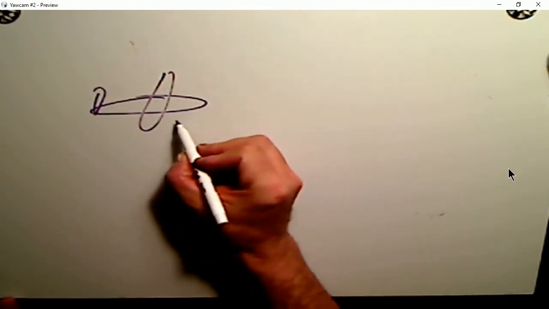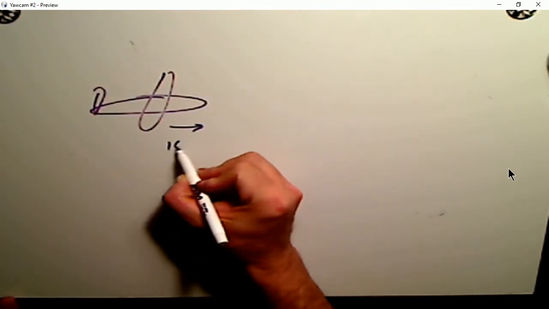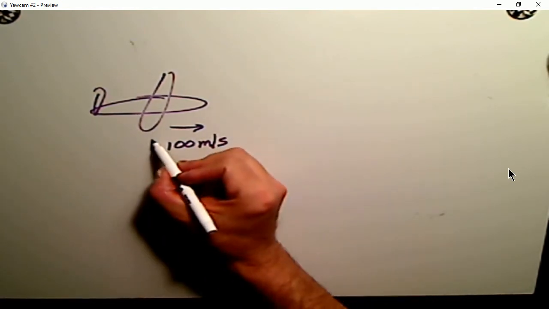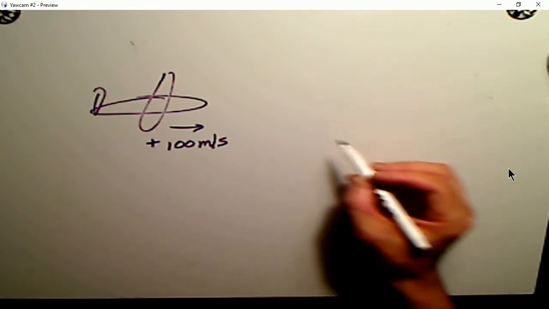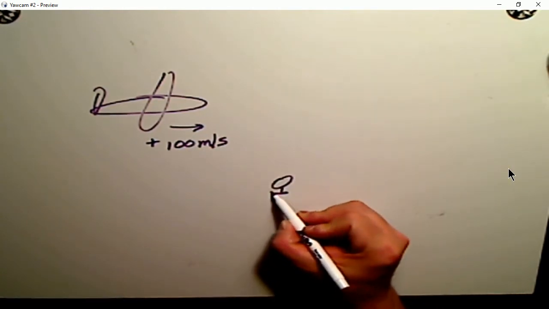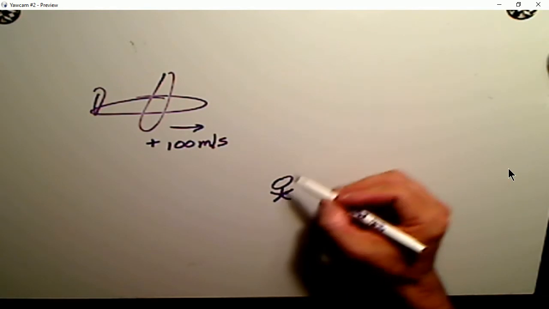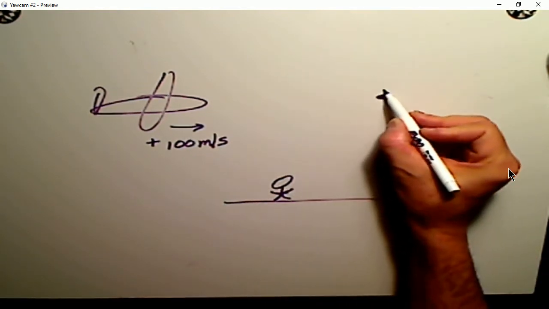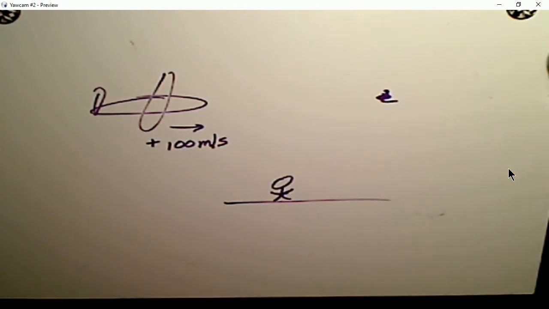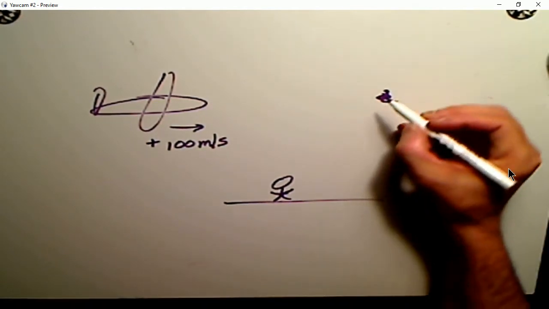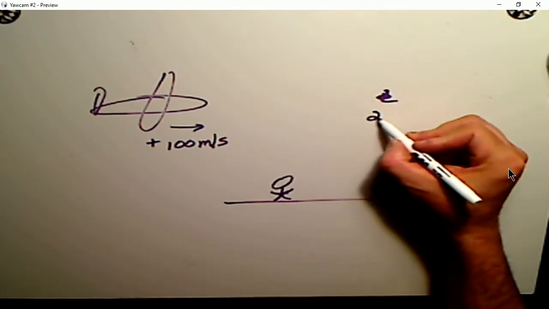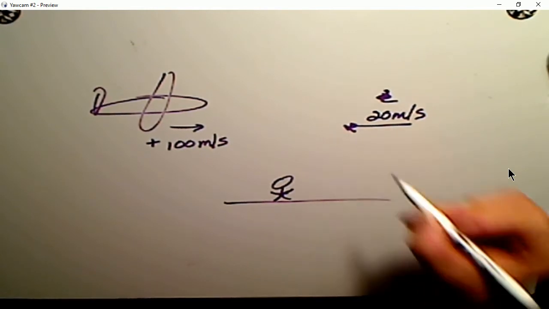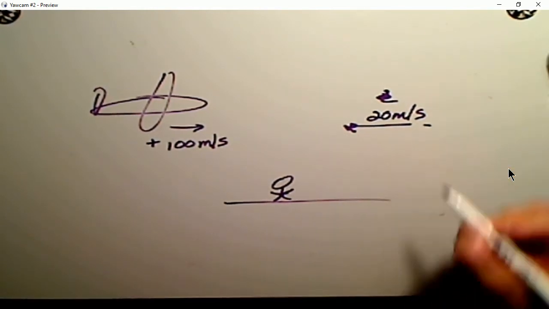The plane is going in this direction, let's say at 100 meters per second in the positive x direction. Let's say I'm standing on the ground. If I have a duck here, what does that duck see? If the duck is going 20 meters per second directly towards the plane, call that the minus x direction, if you will.